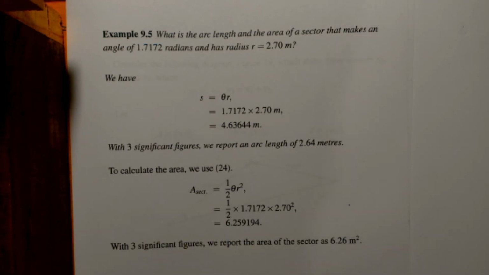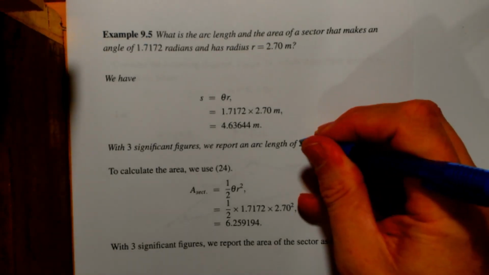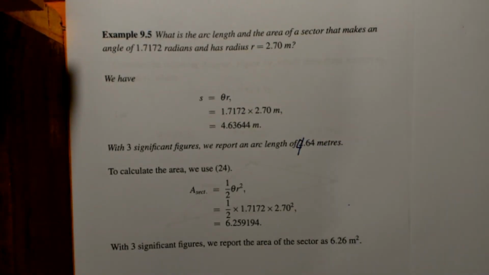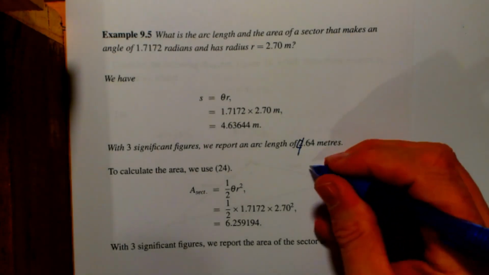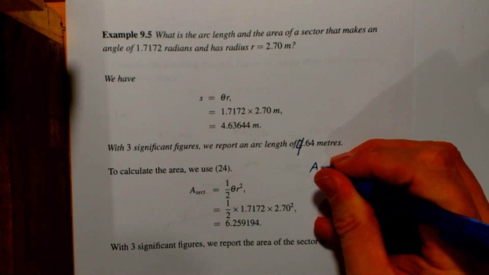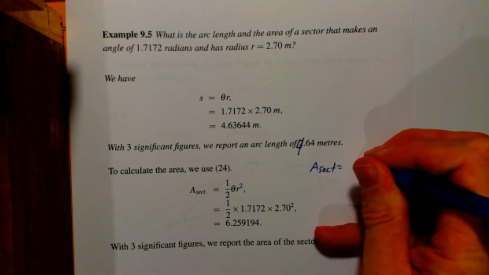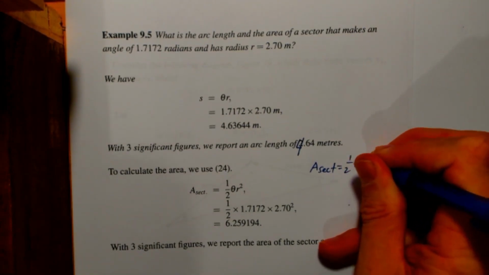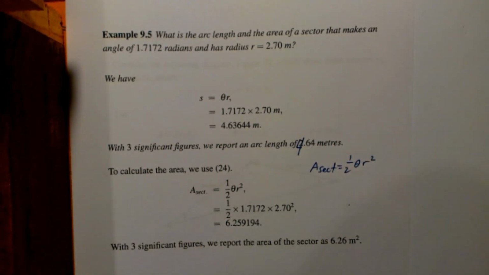With 3 significant figures, we could report an arc length of 4.64 meters. To calculate the area, we use equation 24, which is that the area of the sector is equal to 1/2 theta r squared, which we have right here.